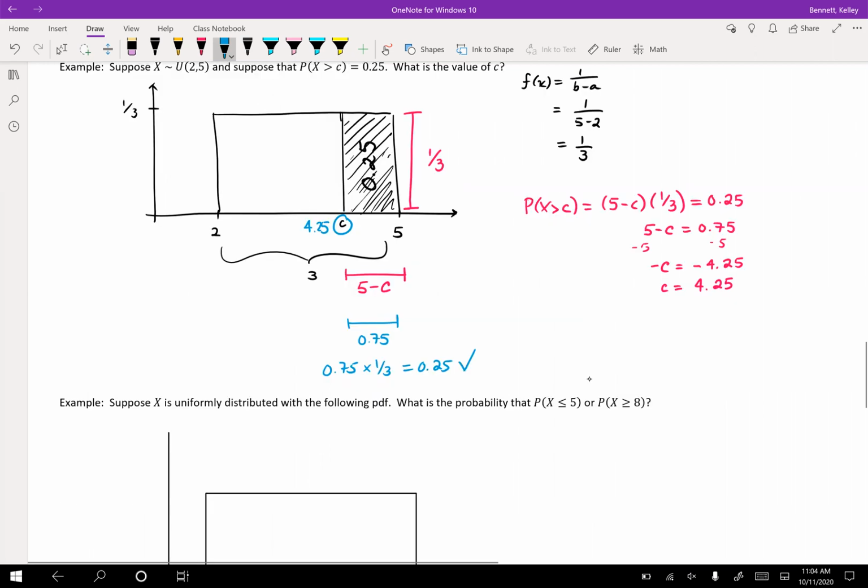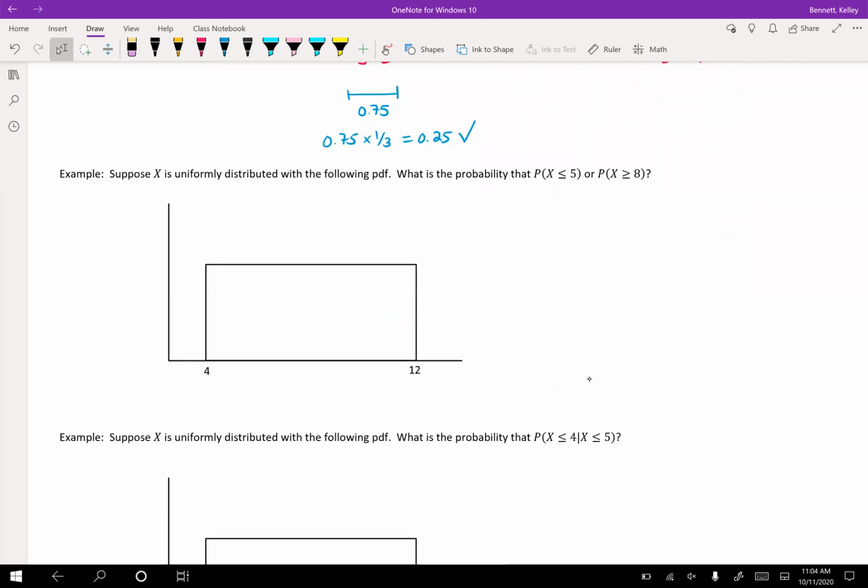All right, next, suppose again that X is uniformly distributed with the following PDF. What this graph is telling us is that X follows a uniform distribution on 4 to 12.